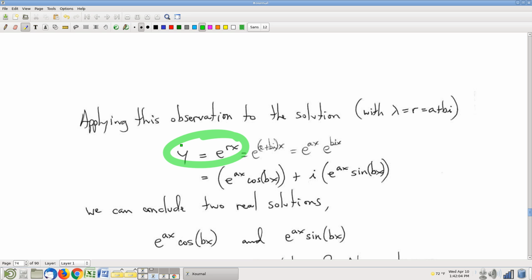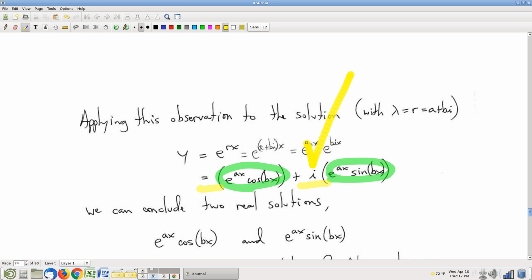But we decided, well, maybe we should get real versions of that. And then look what we did. We took a linear combination of two functions using coefficients, one of which is complex. Right, so we broke our rule.